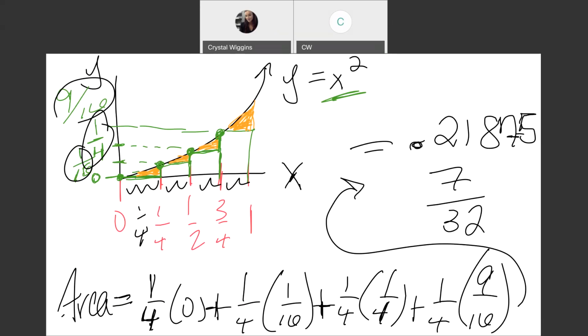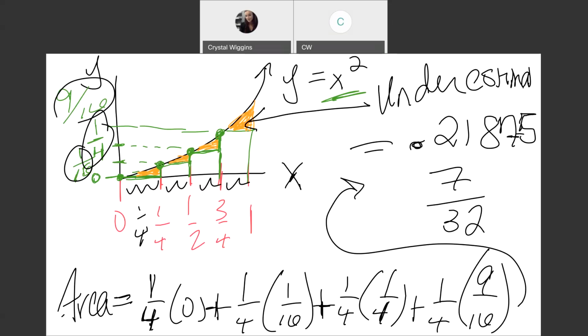The underestimate, and again, we know it's an underestimate because of all this yellow area that's not actually accounted for. So we would call this an underestimate. The overestimate was 15/32. The underestimate is 7/32.